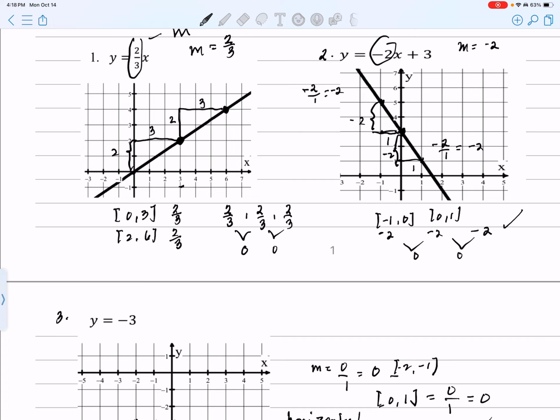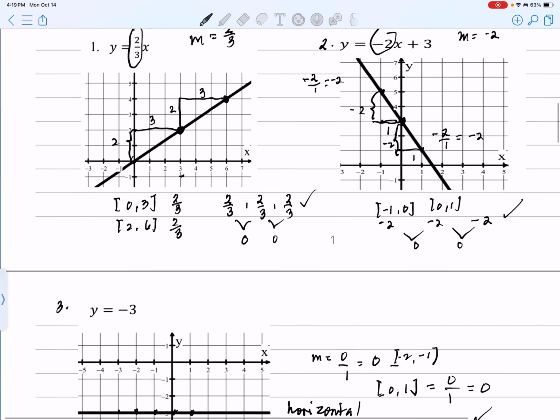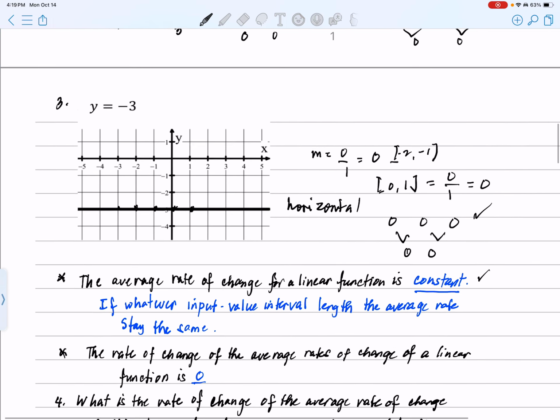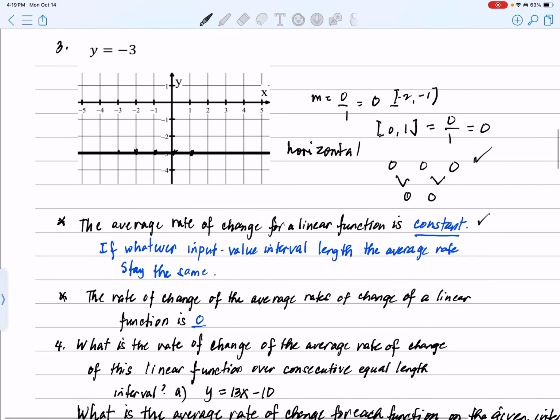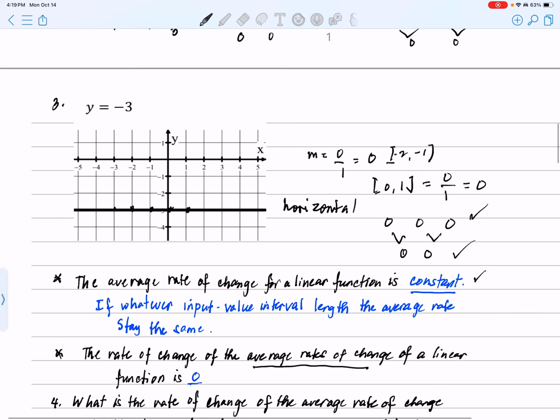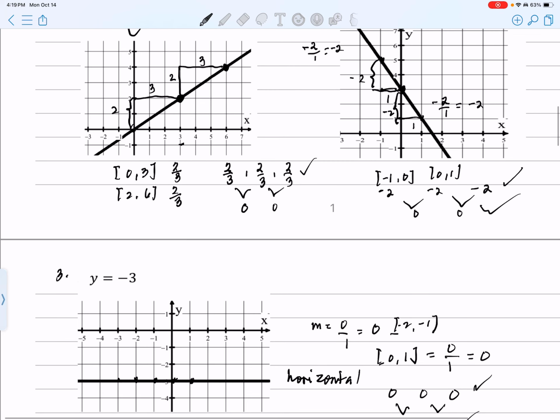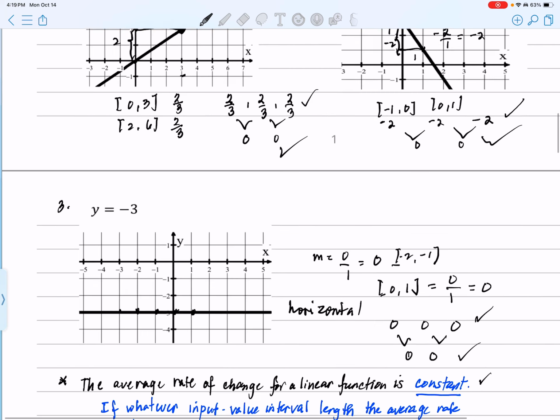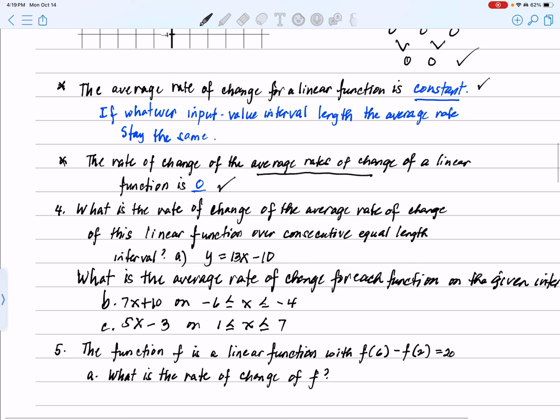It's all 2 over 3. Constant rate of change. But the rate of change of the average, so we are trying to get all the average rate of change. What will be the rate of change of the linear function? We check that it's 0. It is 0, and it is 0 right there. So that is why it says it is 0.